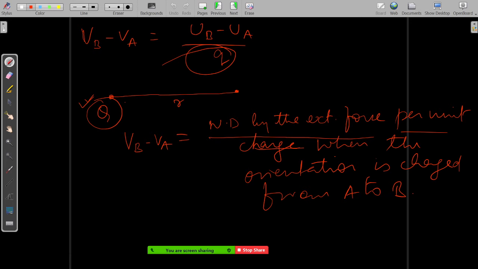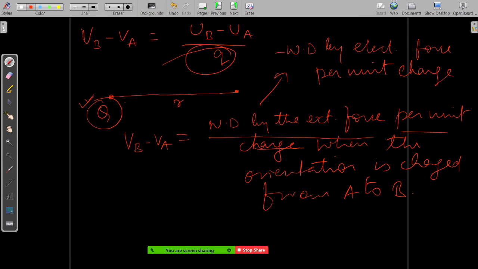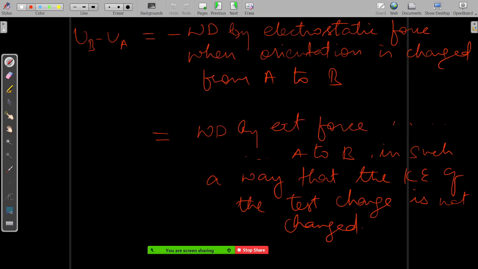So what we were saying is this VB minus VA now becomes work done by the external force per unit charge. This can also be written as negative of the work done by electrostatic force per unit charge. The actual definition is this only. It starts with this definition itself because you know that UB minus UA is defined as negative of the work done by the conservative force.